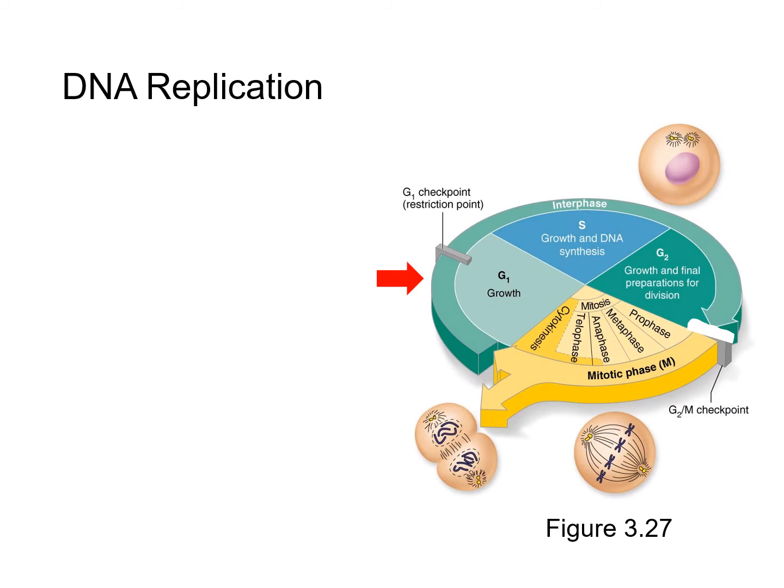Now let's discuss the duplication of DNA, which is referred to as DNA replication. If you recall from our cell life cycle and cell division lab, we learned that in the G1 or Gap 1 subphase of interphase, a chemical signal is received by the cell indicating that it is time for the cell to undergo cell division.